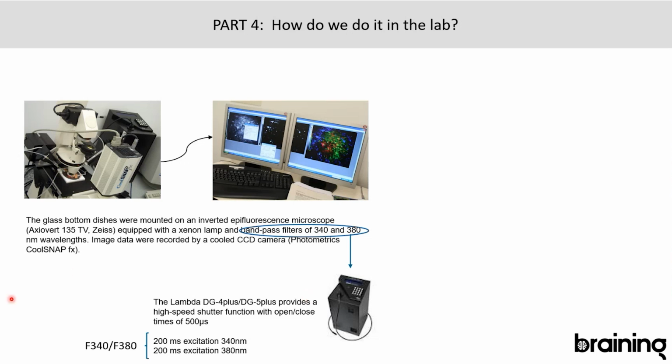This can be changed depending on the type of cells that we have. The excitation time can be changed, but usually we excite for 200 milliseconds with 340 and 200 milliseconds with 380, and then we do the ratio between the emission of these two wavelengths.